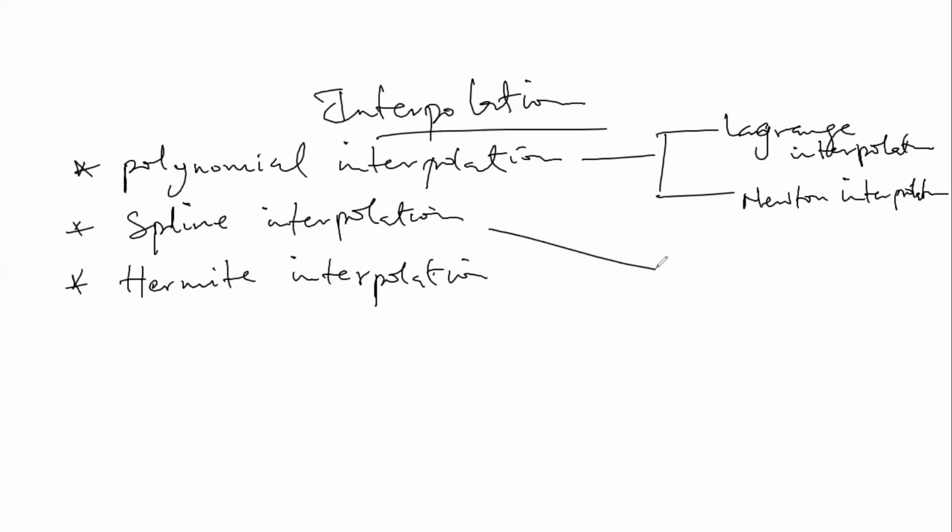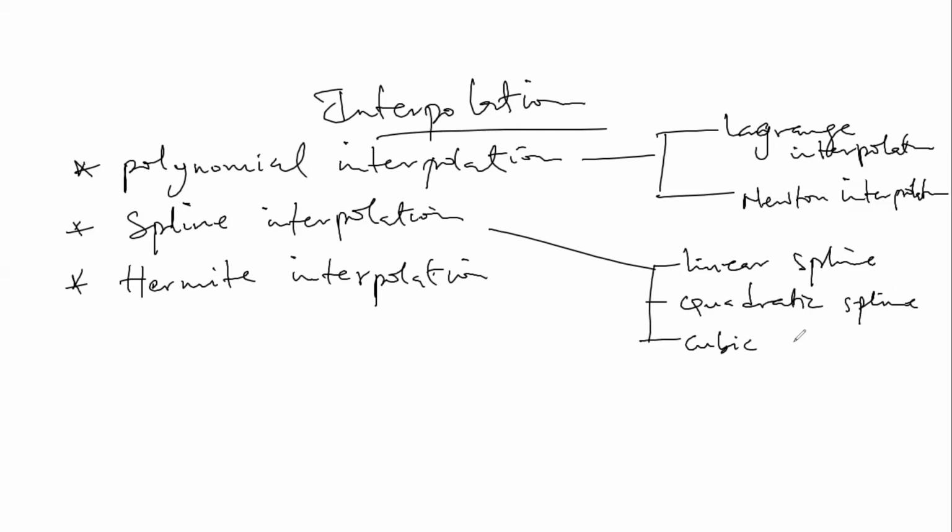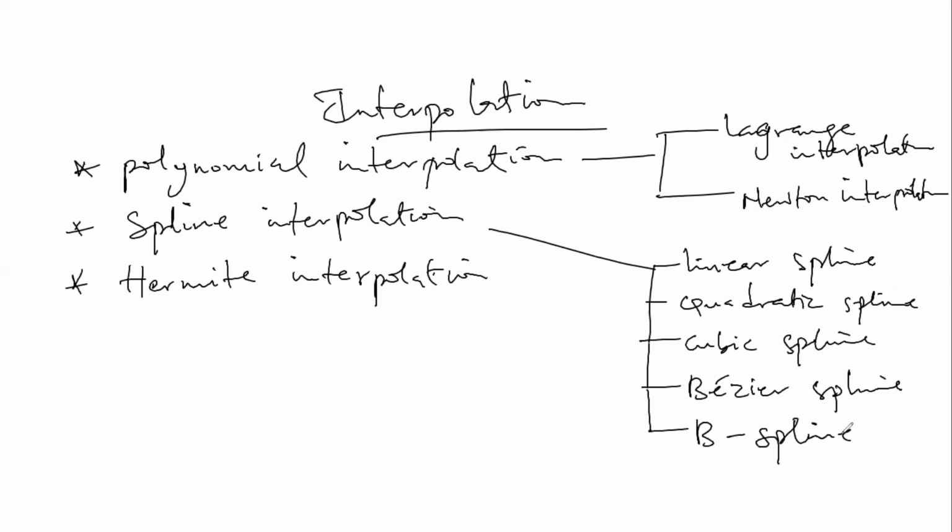For spline, we'll try to cover linear spline, quadratic spline, cubic spline, Bezier spline, and the Bezier spline, usually referred to as the B-Spline. And then we'll also look this up.